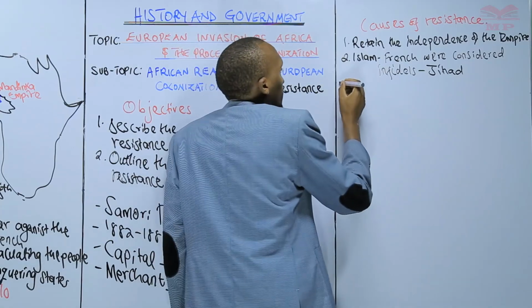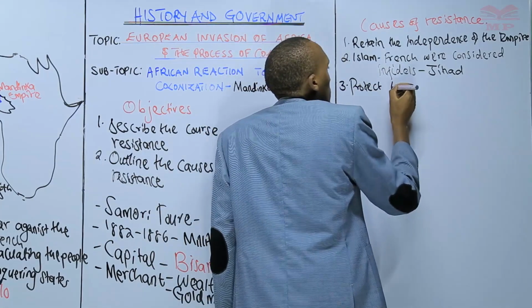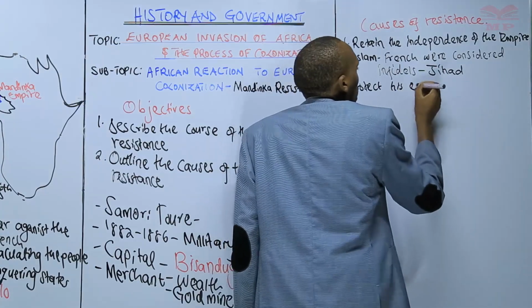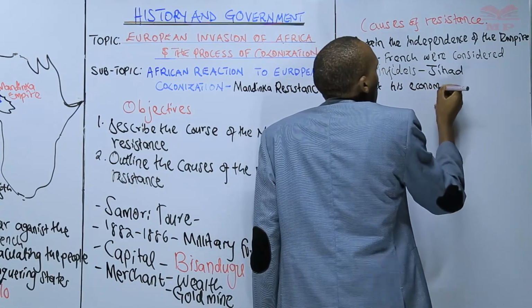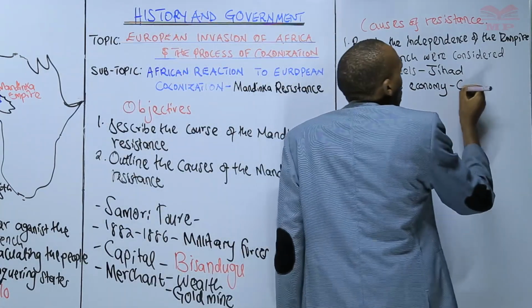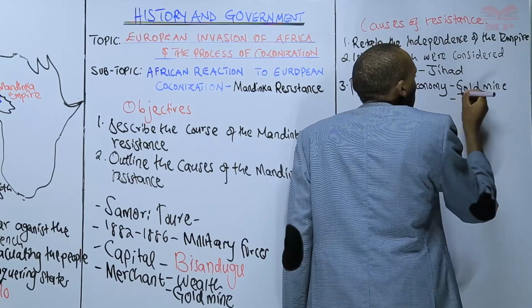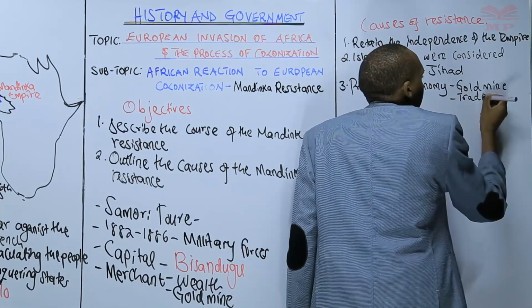And then number three, he wanted to protect his economy. He wanted to protect his economy. That is the gold mine, the gold mine and the trade that he was carrying out.